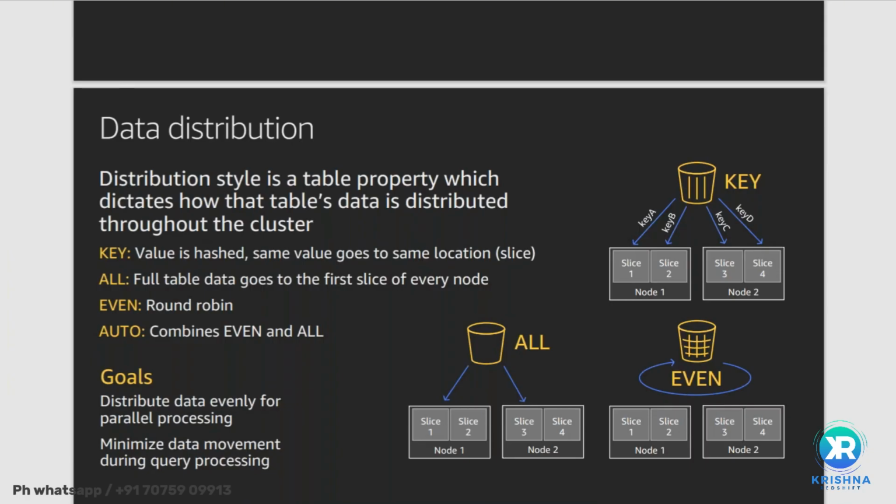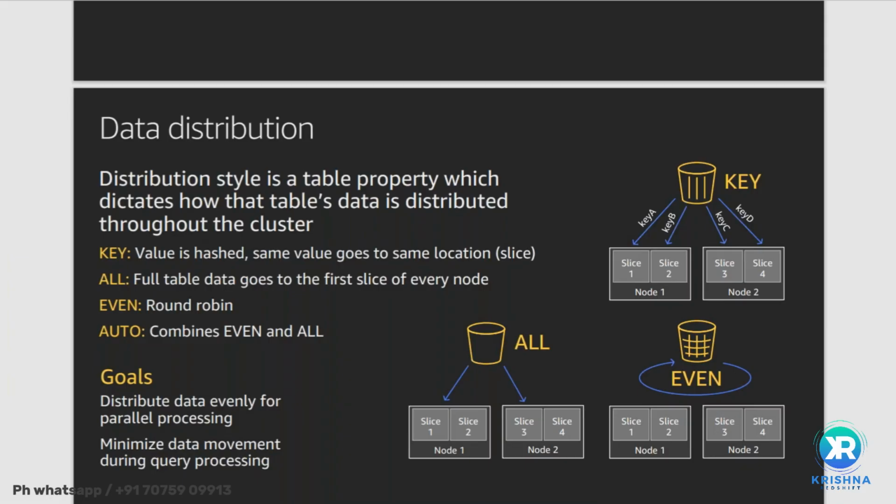Okay, since we are learning about Redshift, how are they distributing? They distribute using different techniques, which they call distribution style. An interviewer can ask in any way: what are the different types of distribution styles or distribution mechanisms? You can say there are different distribution styles in Redshift: key, all, even, auto.